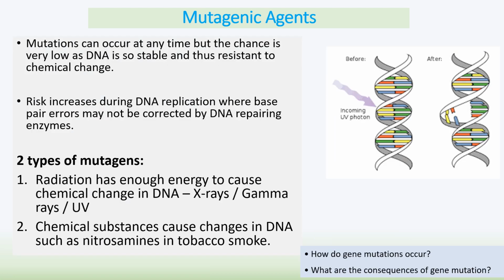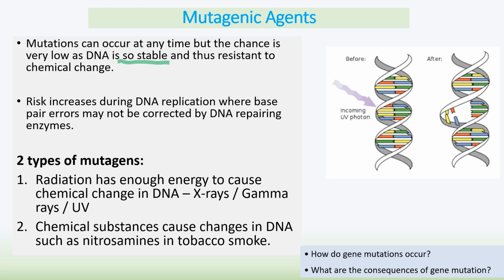Mutations can occur at any time, but the chances are low because, as you should know, DNA is extremely stable and resistant. There are also checkpoints in the cell cycle which try to check and remove erroneous DNA, but obviously sometimes errors get through. There is an increased chance during DNA replication that an error might come through, and this causes mutations.